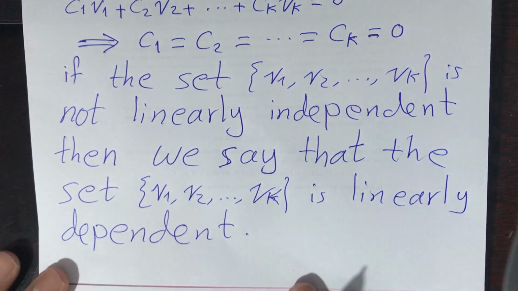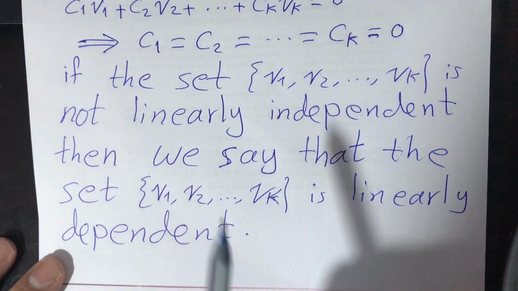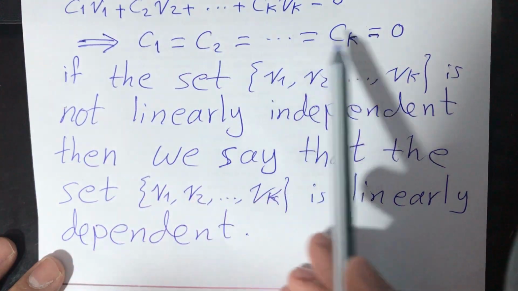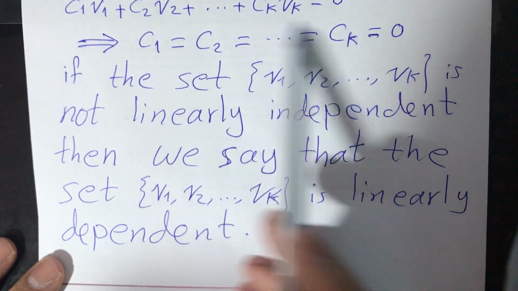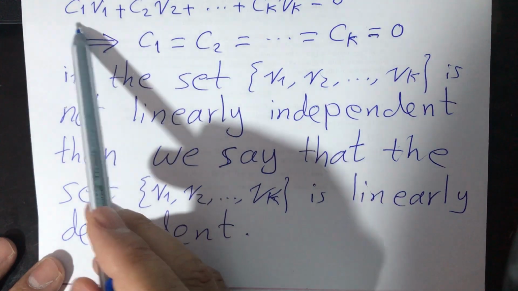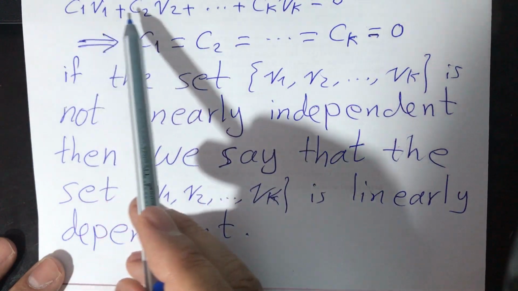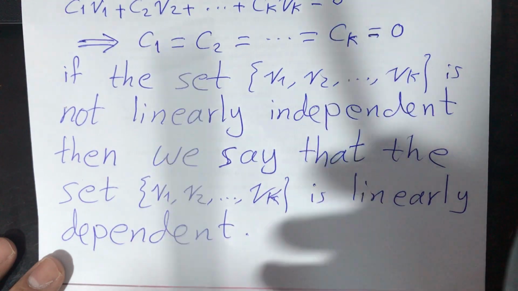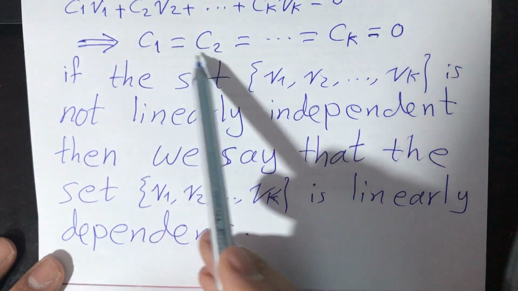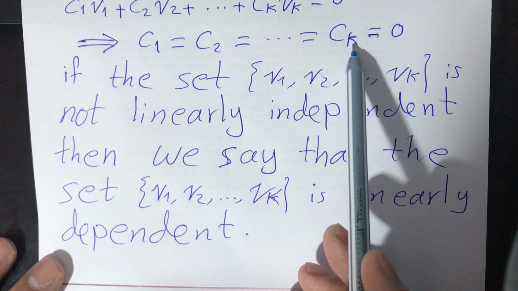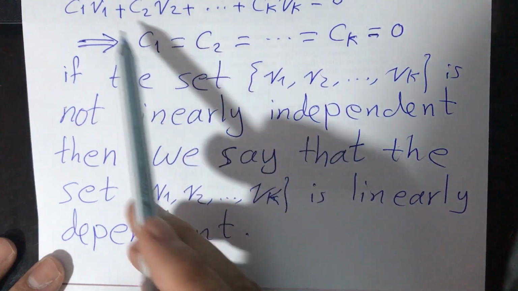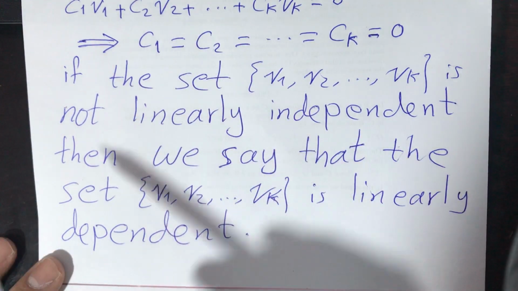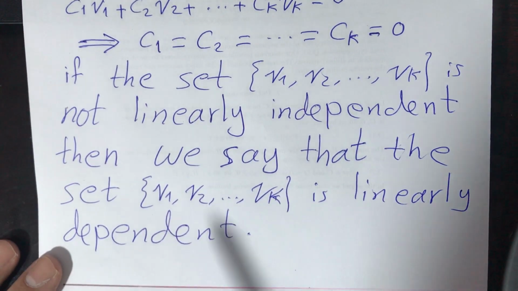So if one of C1, C2, until Ck is non-zero, if we have a linear combination of C1 V1, V2, until Vk equal to zero, and the sum of the C's is not zero, then we say that these vectors V1, V2 until Vk are linearly dependent.